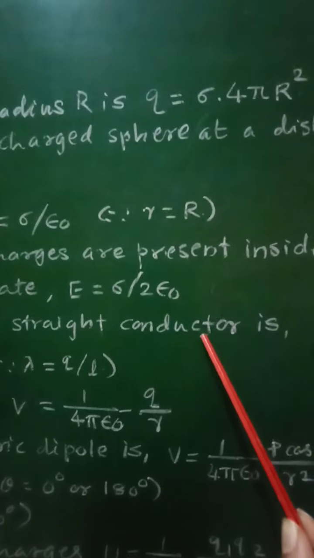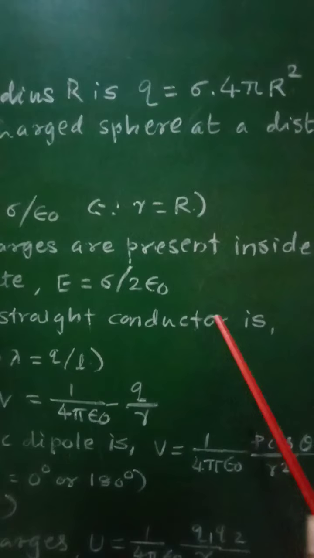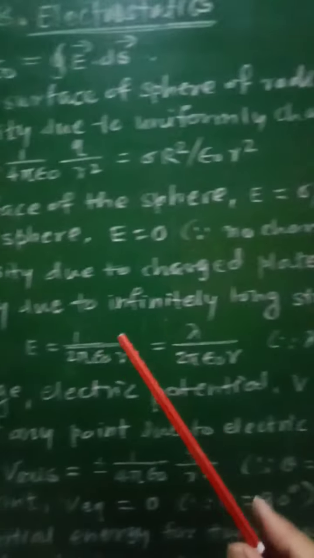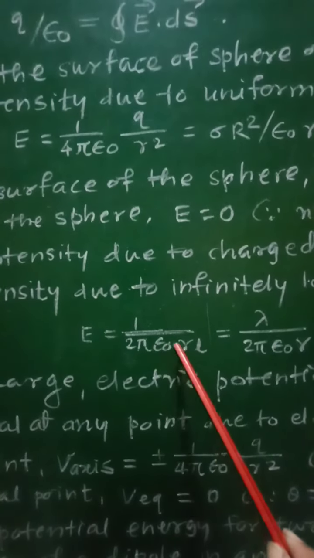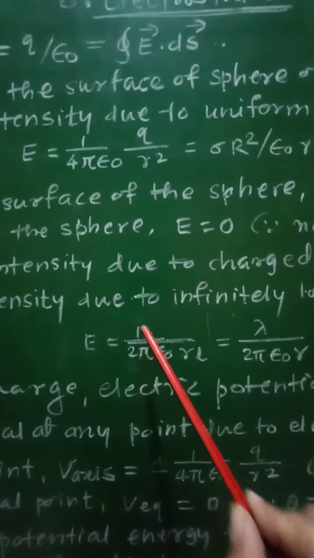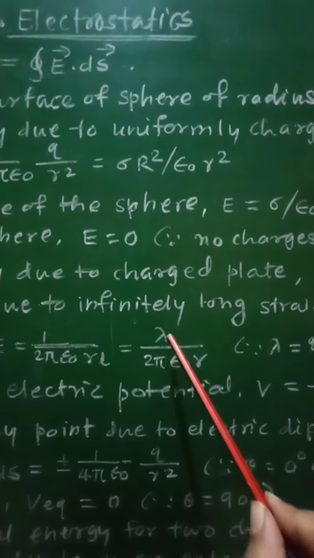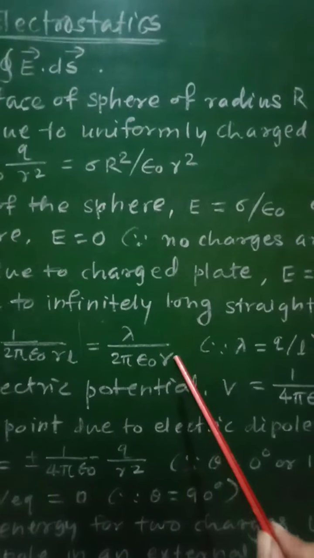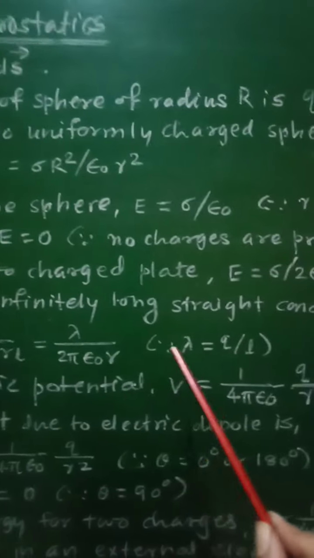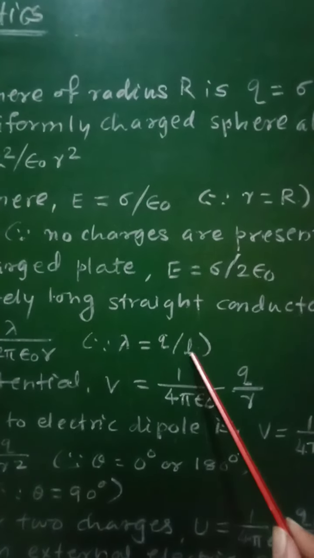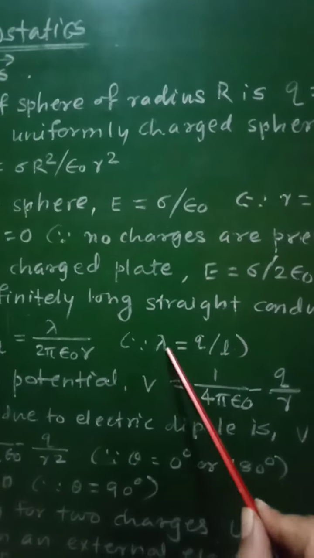If the charges are present on a conductor which is infinitely long, then electric field intensity E will be given as 1 upon 2 pi epsilon 0 RL, that will be written as lambda upon 2 pi epsilon 0 r, since lambda is equal to q by L, that is charge per unit length, that is lambda.